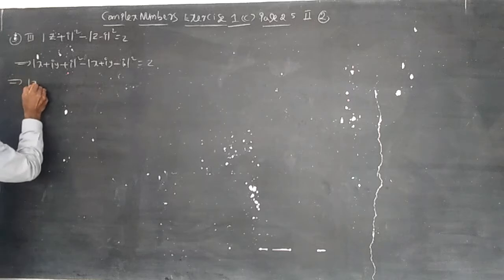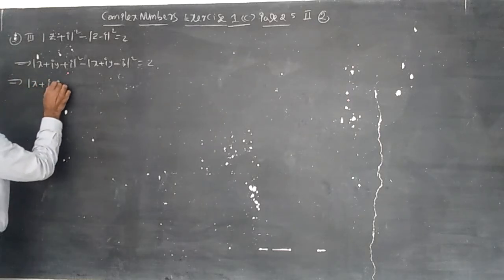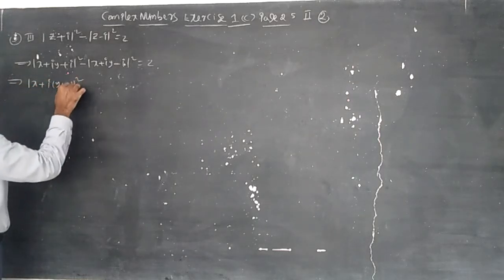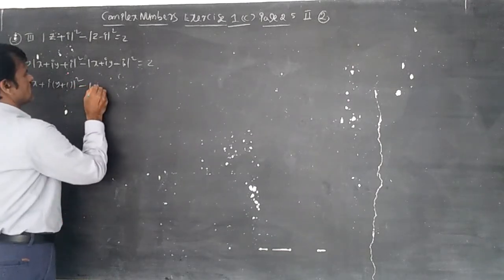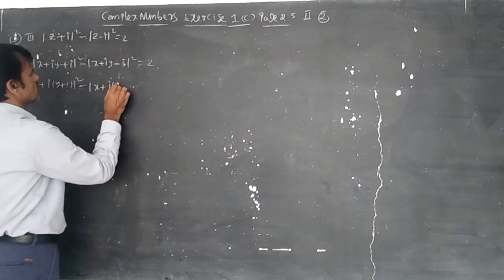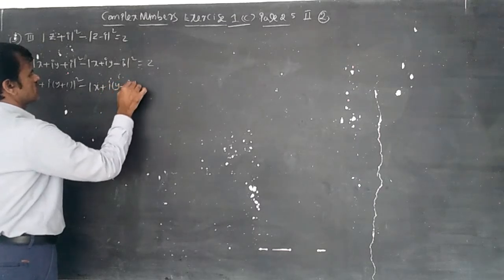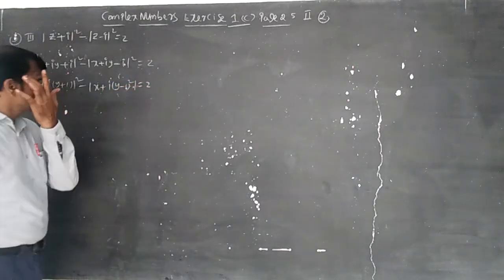That implies modulus of x plus i into (y plus 1) whole square minus modulus of x plus i taken common (y minus 1) whole square is equal to 2.